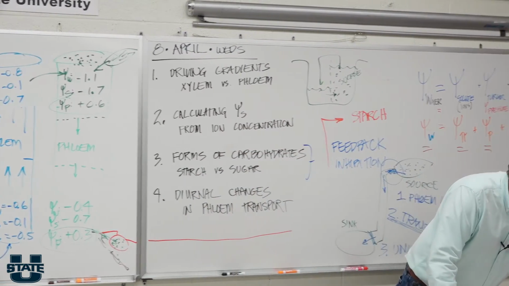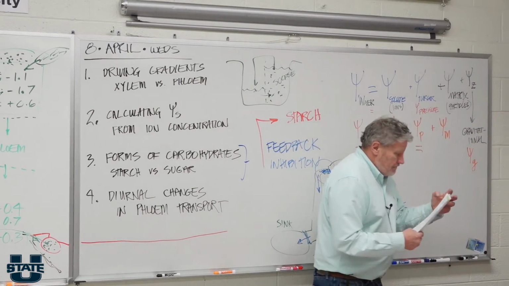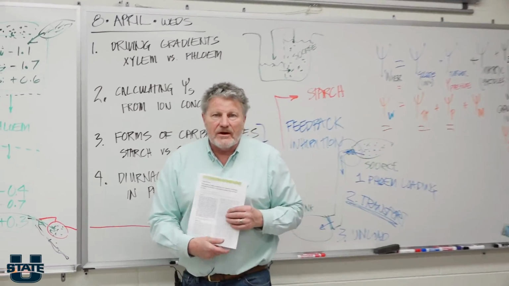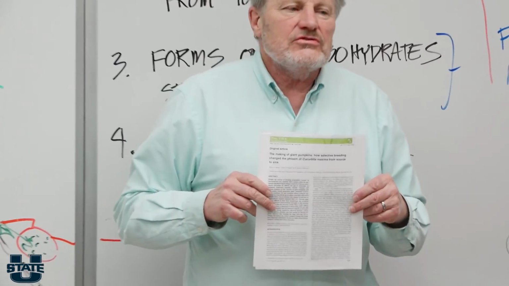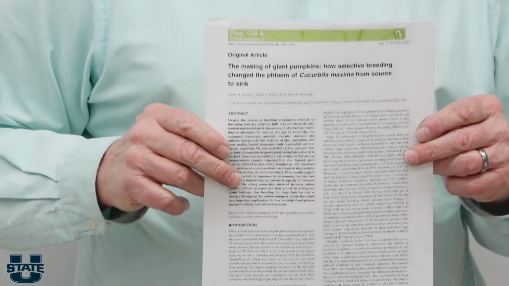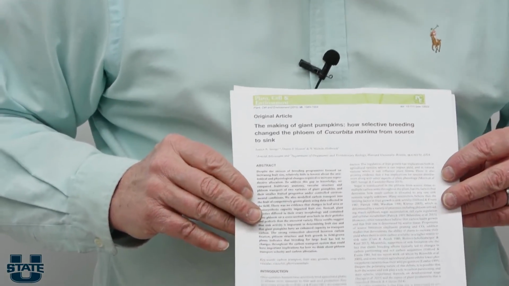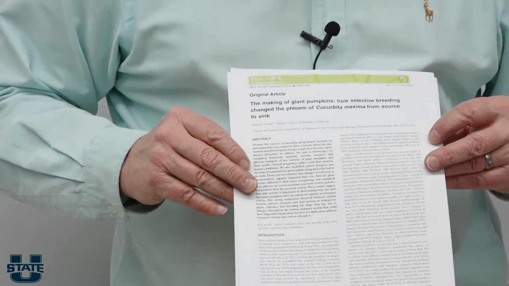And look what they found. This is a paper, I'm going to show you, can we see this right here? This is a paper in one of our more prestigious journals, Plant, Cell, and Environment. Here's the title. This is just a couple of years ago.